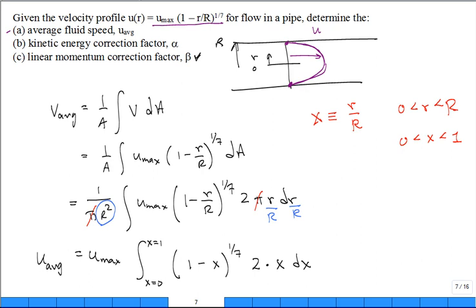Let me insert a new page. Which one do you want to do first, alpha or beta? Alpha? So alpha was, I forgot the name of it already. Kinetic energy correction factor. We derived the equation for it last time.